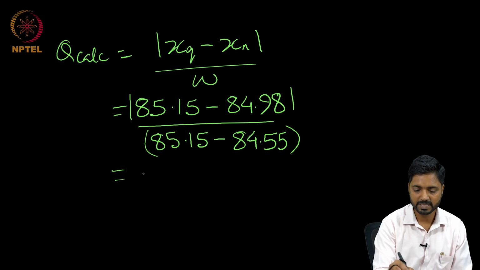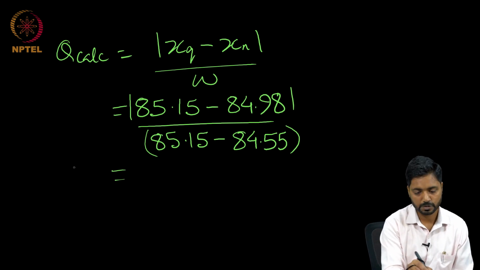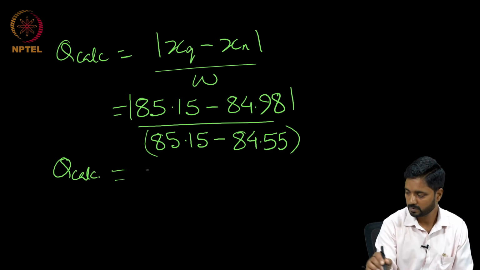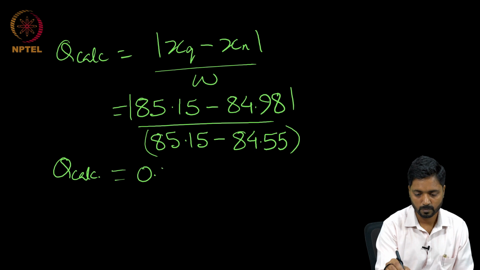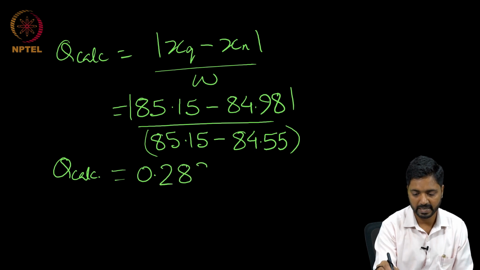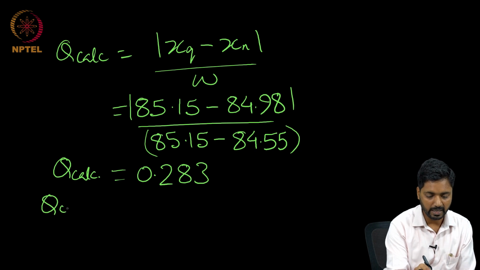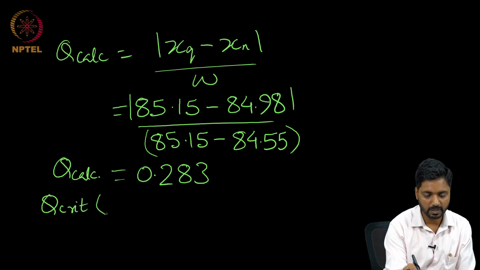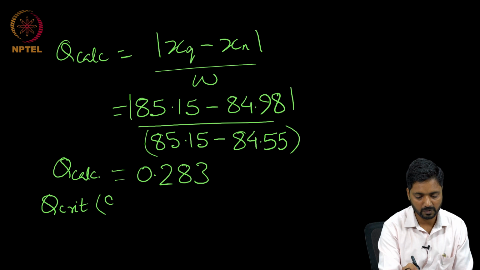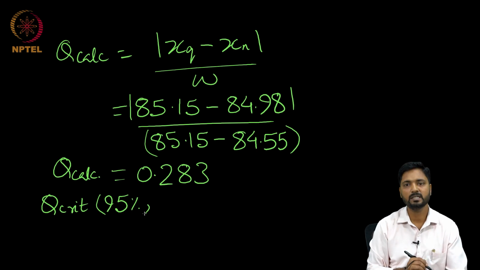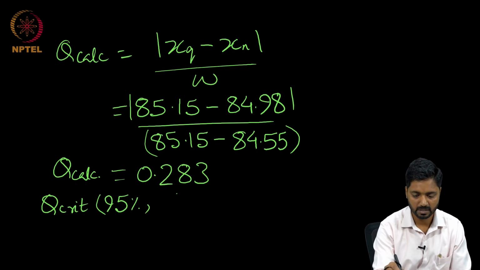And this finally solves to a Q calculated of 0.283. Now, the Q critical, as discussed, will depend upon the confidence level. Let us say we are talking about 95% confidence level, and the number of readings. Here the number of readings were 5.